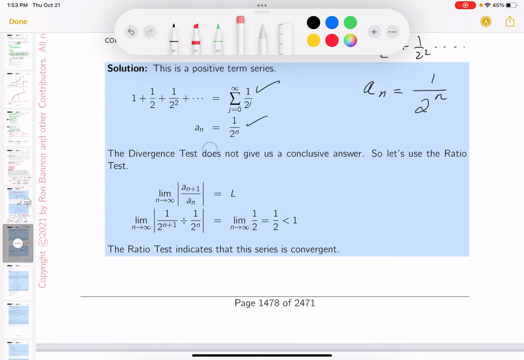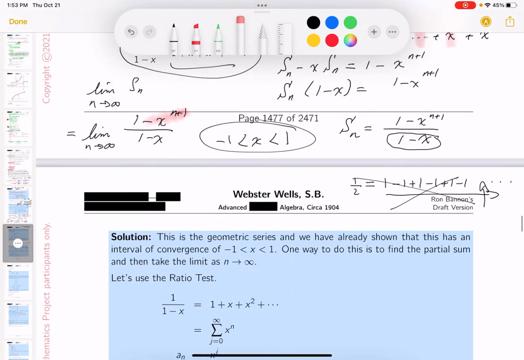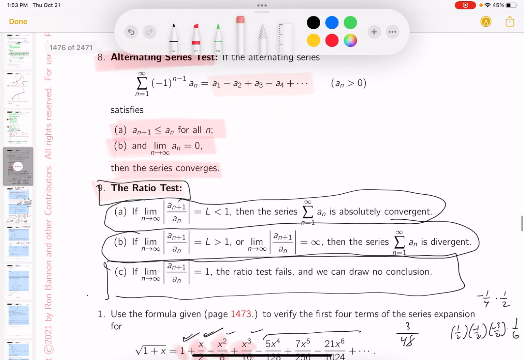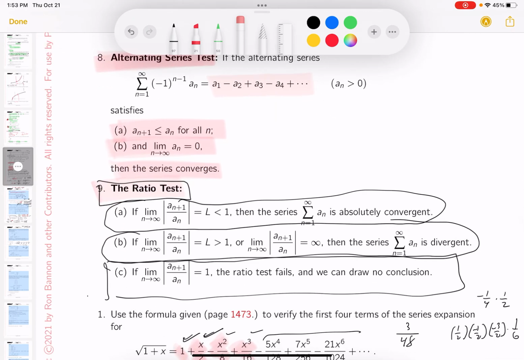So what do I do? I start looking for a test that might be easy, and we're just kind of playing around. And the ratio test's not bad. All right, so what's the ratio test? We'll write it down for you. And again, if you can't remember, let me go back over this with you. The ratio test is right over here. I like the ratio test, by the way. It's a really nice test to be using. Someone says, I don't like the ratio test.